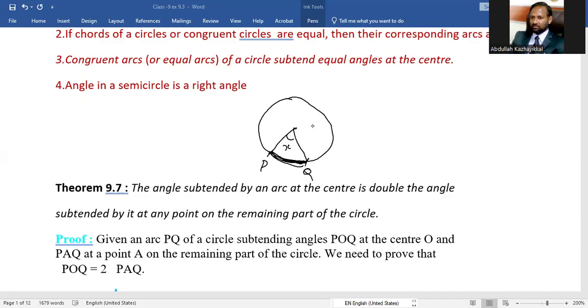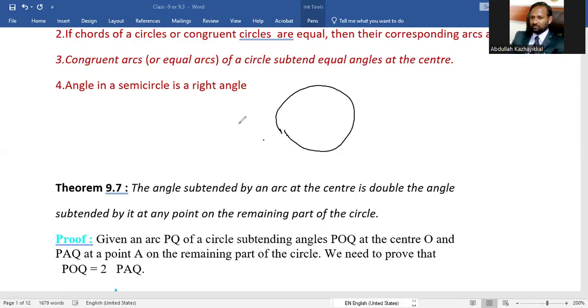Look here, listen. Let me draw another circle. Anyway, circular, all circular like this. I'm very poor in drawing. Here is the arc PQ.